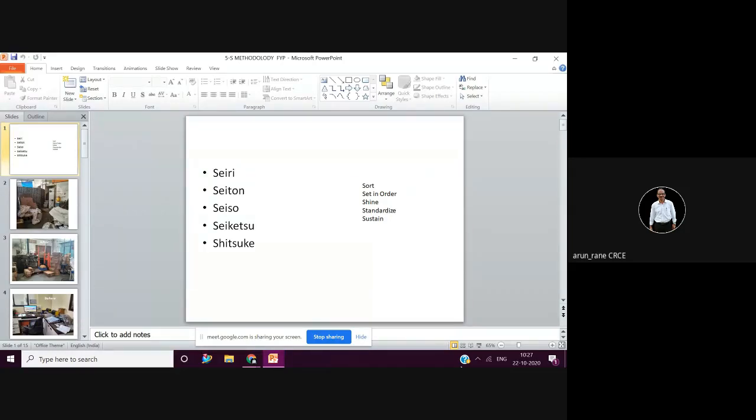5S is one of the tools. Kaizen is one of the tools. Ishikawa diagrams, one of the tools. SMED, one of the tools. These are mostly Japanese tools. Japan developed these techniques, and they have got wonderful results in reducing waste.